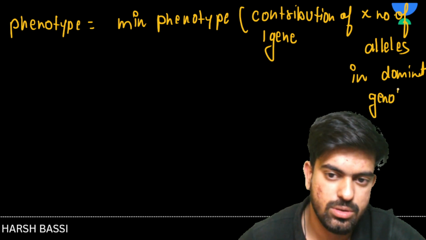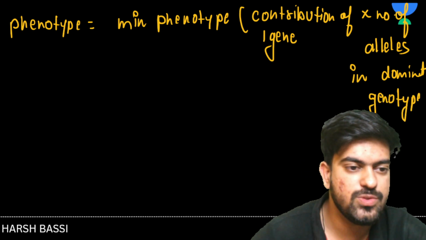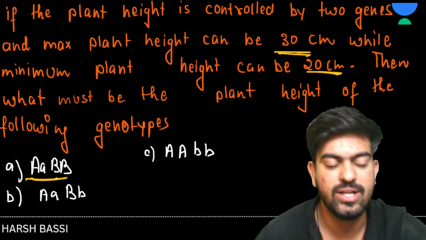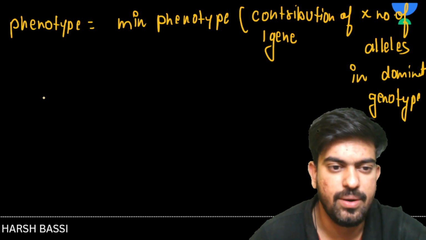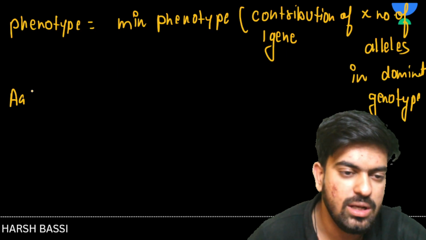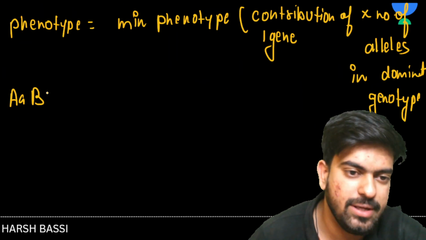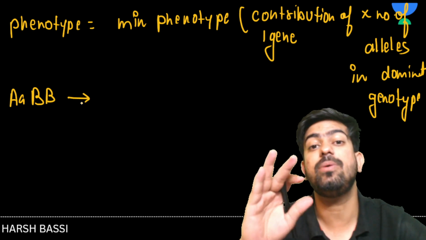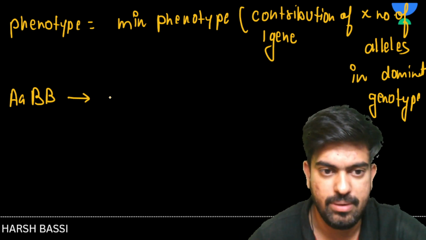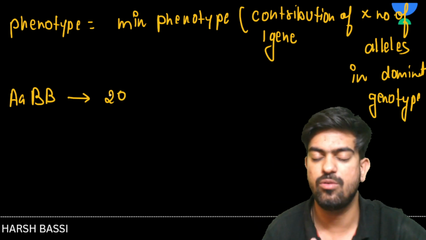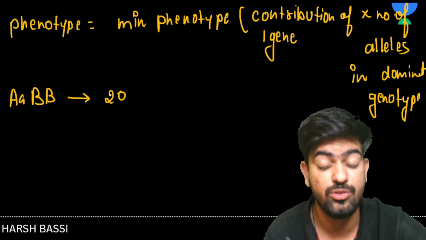Okay, now see, things which we have written, we have been asked to calculate this. So let's write here capital A, small a, capital B. Was it small b or capital B? Capital B only. So in this case, what is the minimum phenotype? Minimum phenotype we have been told is 20.